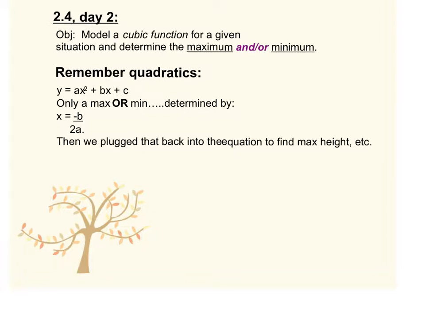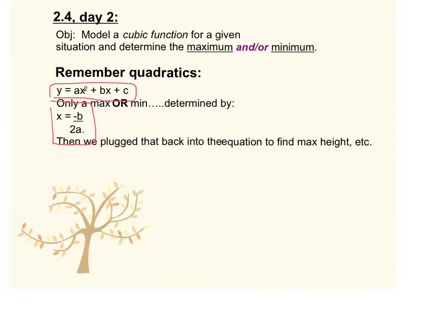And this is just a very brief recap of day 1, where we were finding maximum and minimum points with quadratics, which are nice to work with because, as very often is the case with quadratics, there are nice little patterns that come up, such as this one, where if we want to find the x-coordinate of the maximum or minimum, we can find that from doing negative b over 2a, which is based off of these coefficients of the quadratic in standard form.